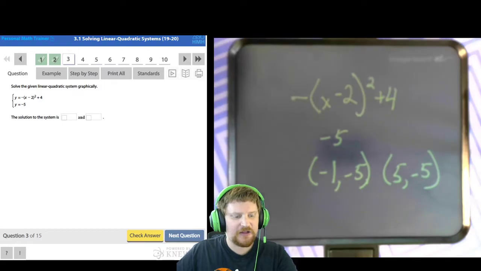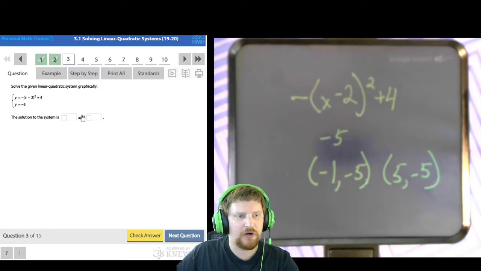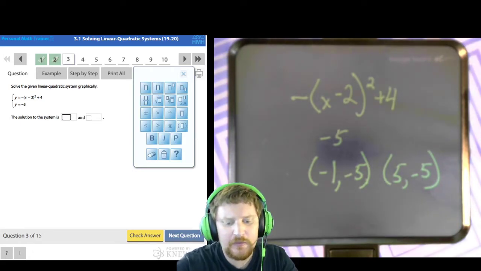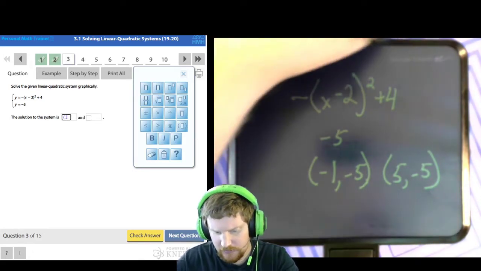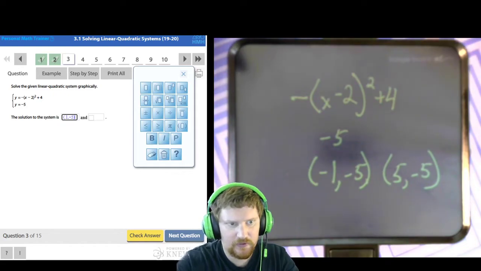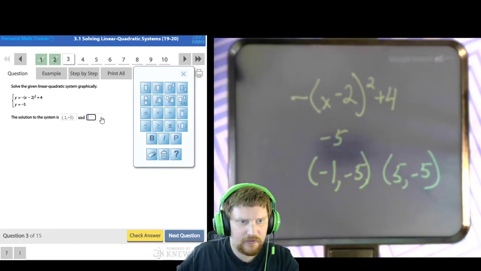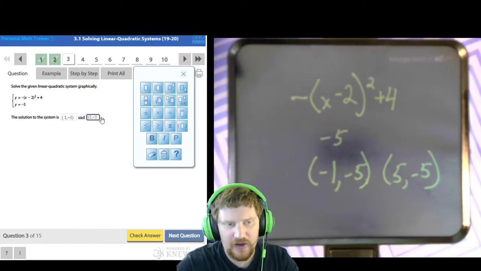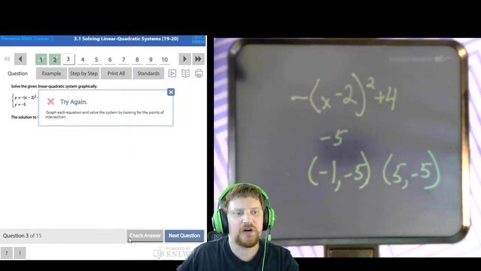So that's exactly what we need to type into our equation here. We have our points, negative 1, comma, negative 5, close, and open 5, comma, negative 5. Check our answer.